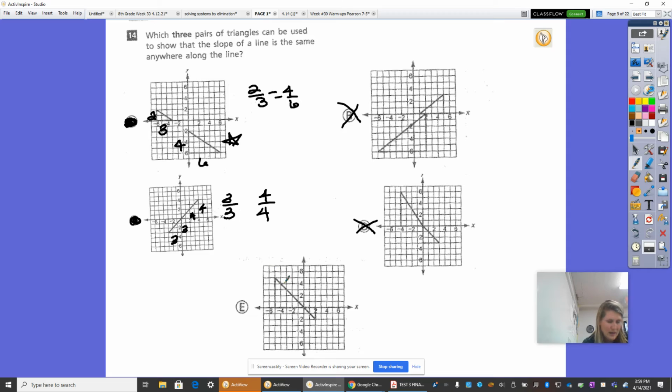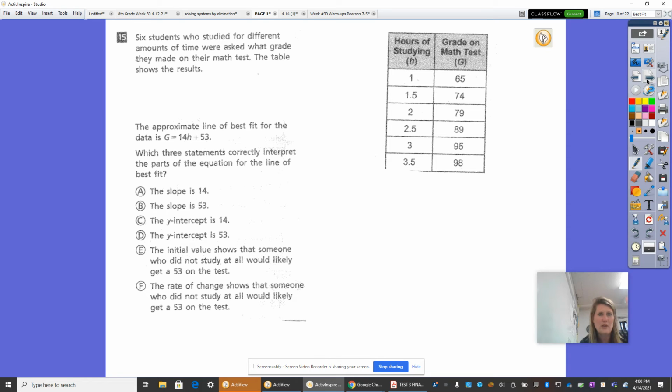And then E, this little triangle is a 2 over 2, and this is a 5 over 5. So the correct answers here are A, C, and E. All right, let's go to the next question, number 15.